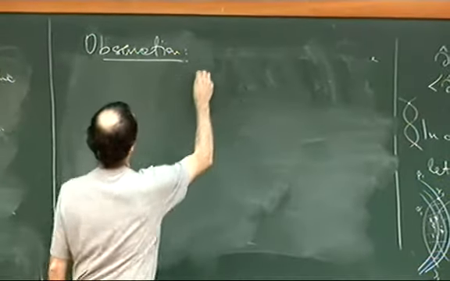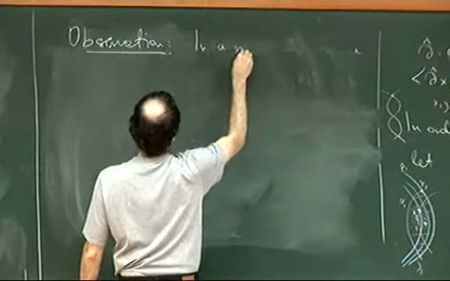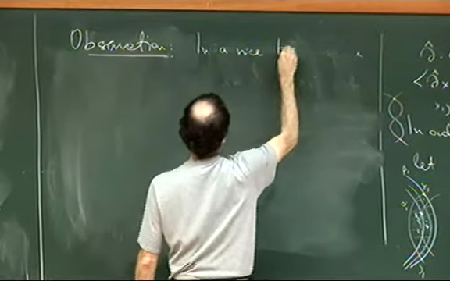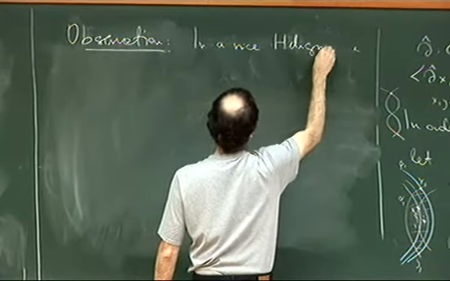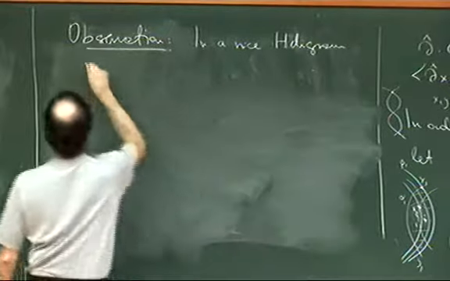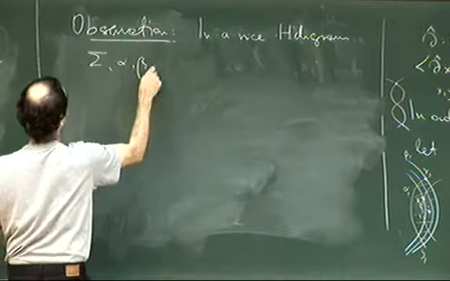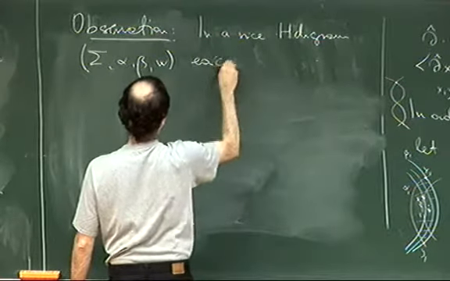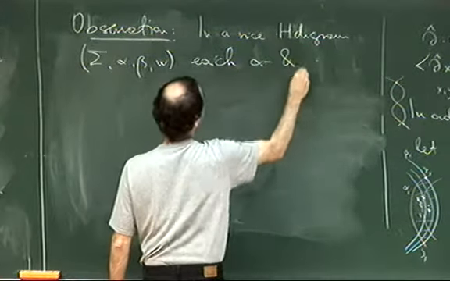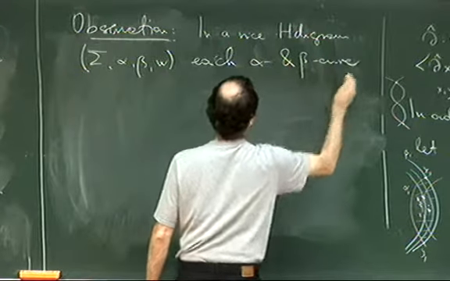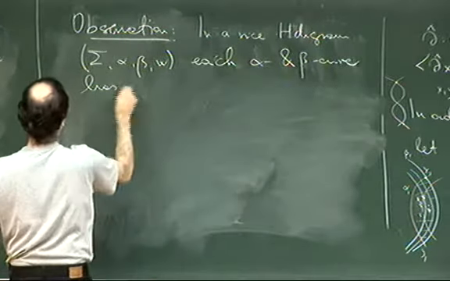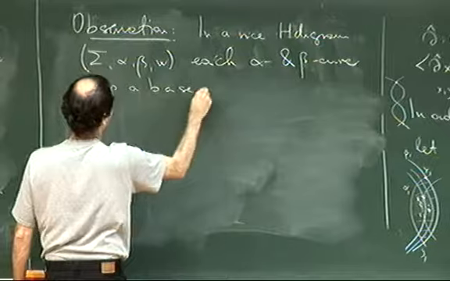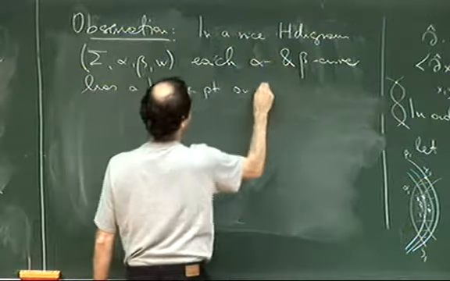And the observation is that in a nice domain, in a nice Heegaard diagram, (Sigma, alpha, beta, w), each alpha and beta curve has a base point on its either side.